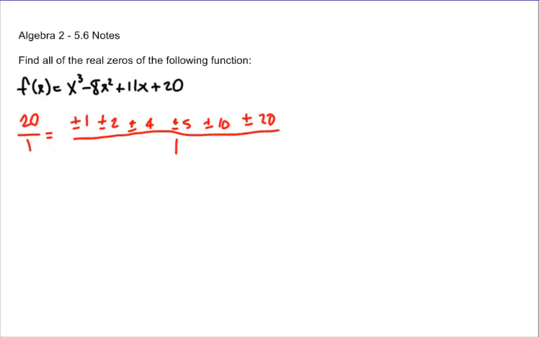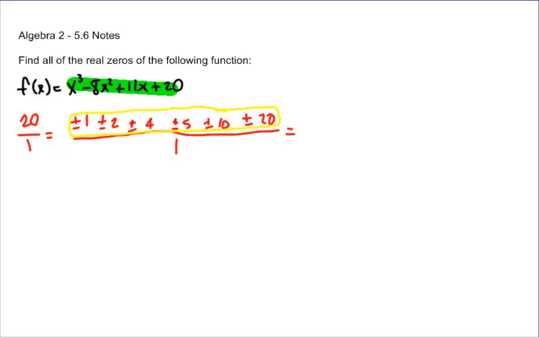We have all these possible ways to do it. Since these are all over 1, you're basically going to have these numbers to check for what's called a rational root.